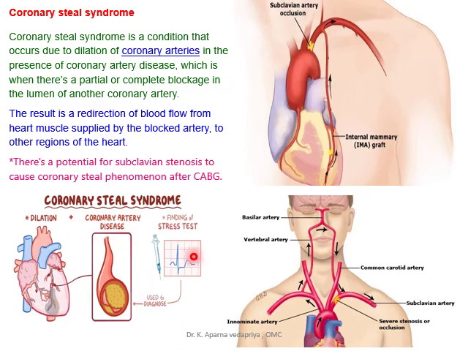And this coronary steal syndrome can be evaluated by the stress test. And this can also be a potential issue for the CABG that is being done distal to the obstruction.